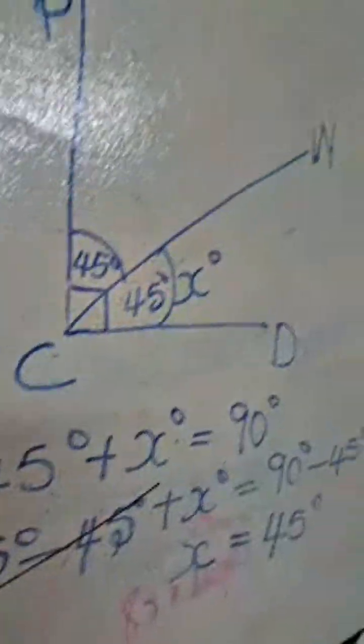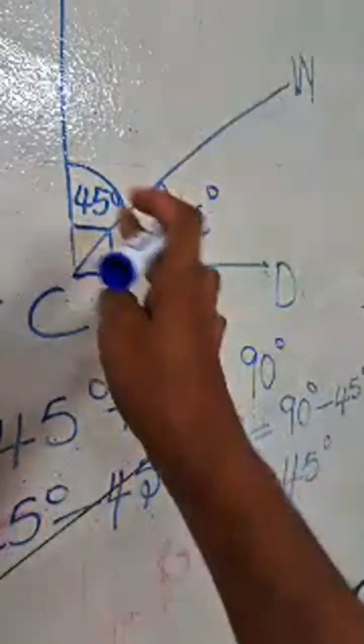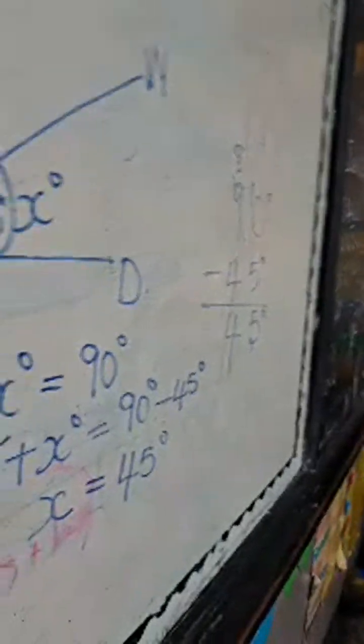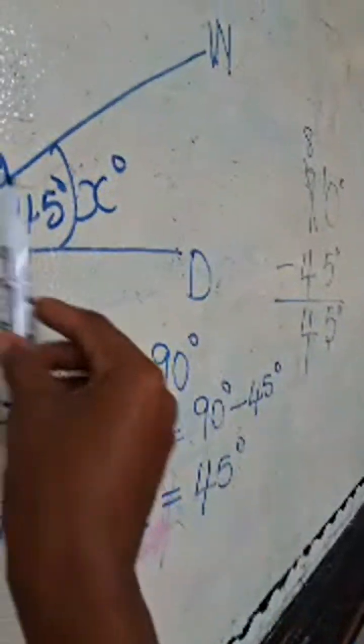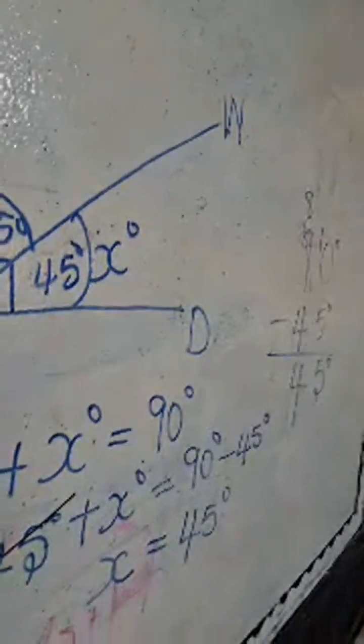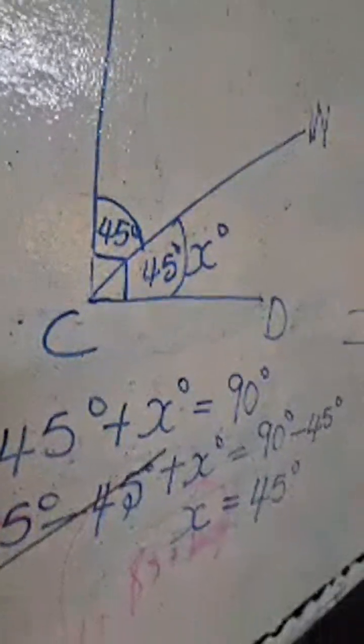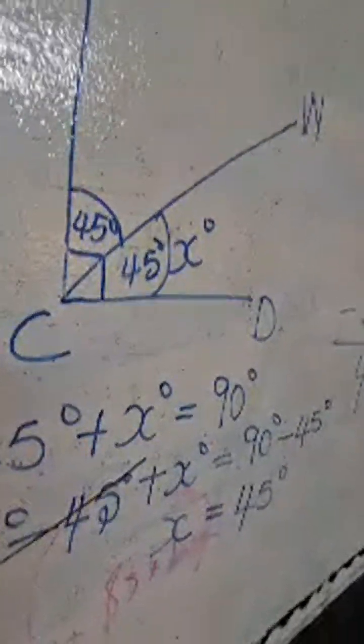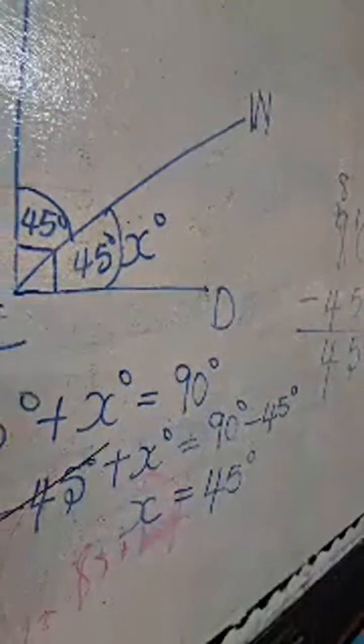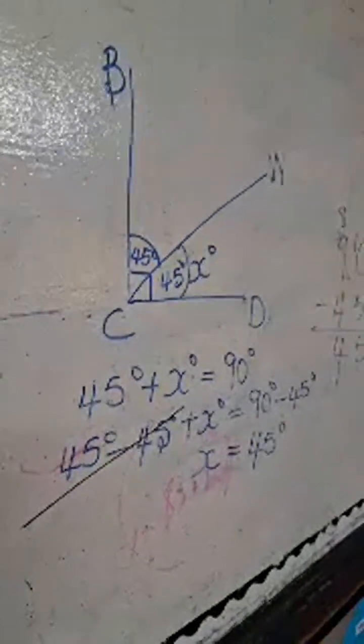So looking at these 2 angles that you have, what can you say about them? They are the same. So if they are the same, they are going to be the same size, right? Do you understand what I'm saying?